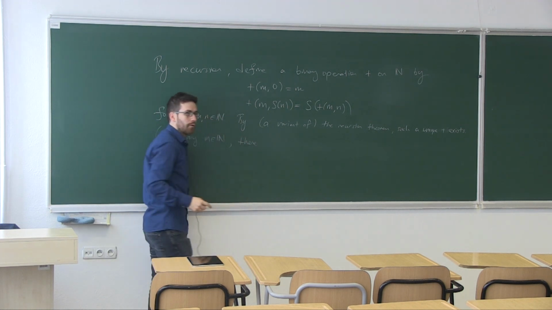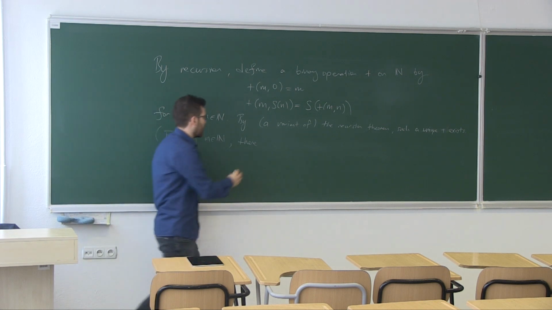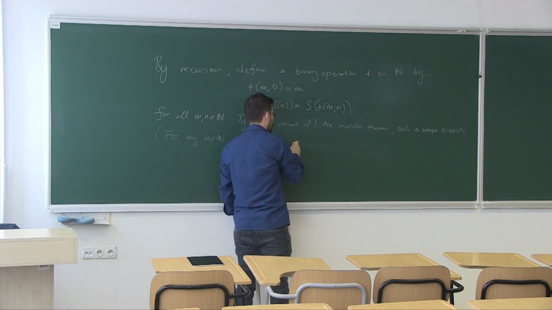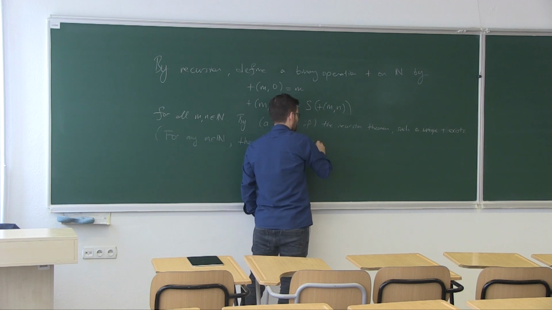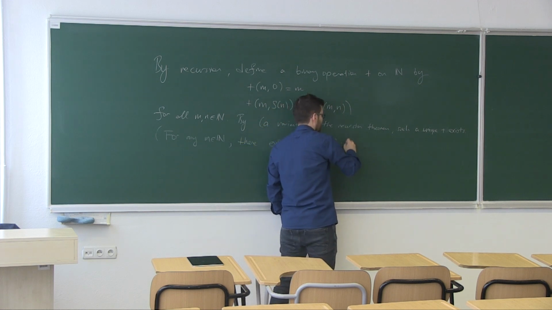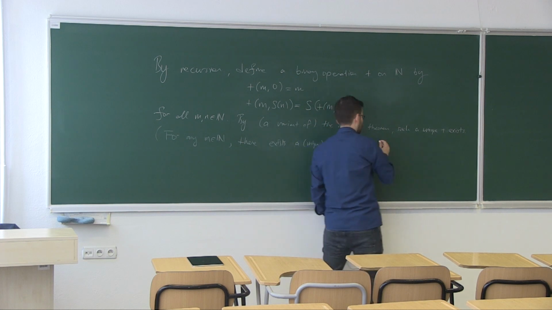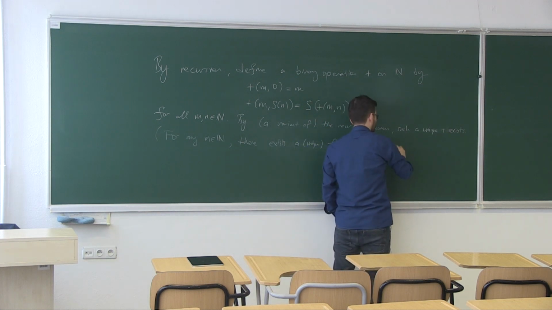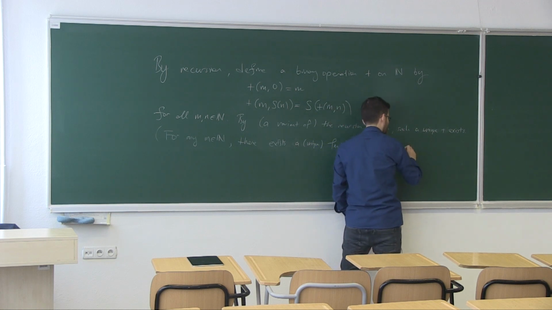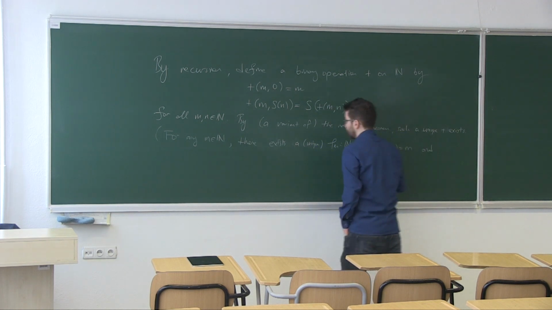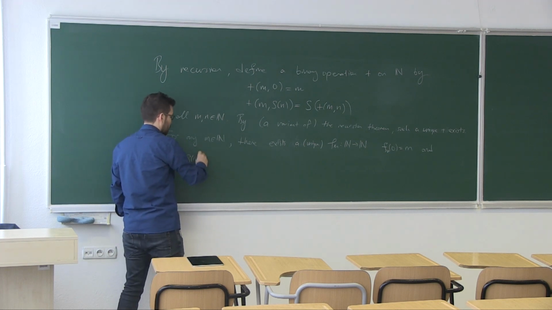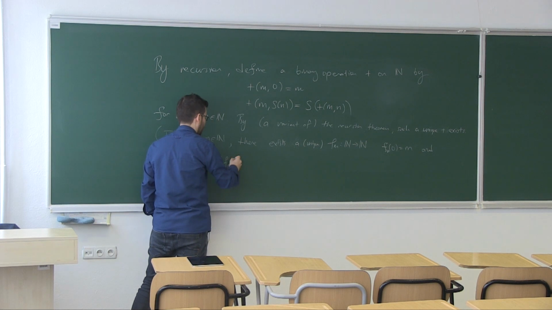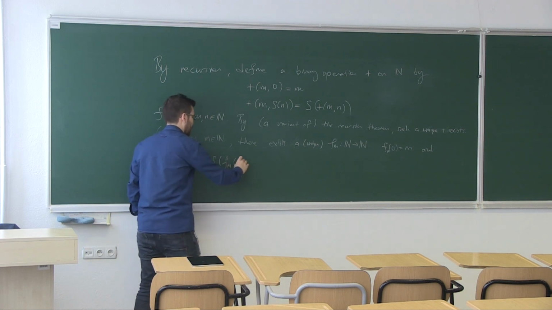You should prove that for any natural number m, there exists a unique function f sub m from natural numbers to natural numbers such that f sub m of 0 is m and f sub m of successor of n is successor of f sub m of n, okay?